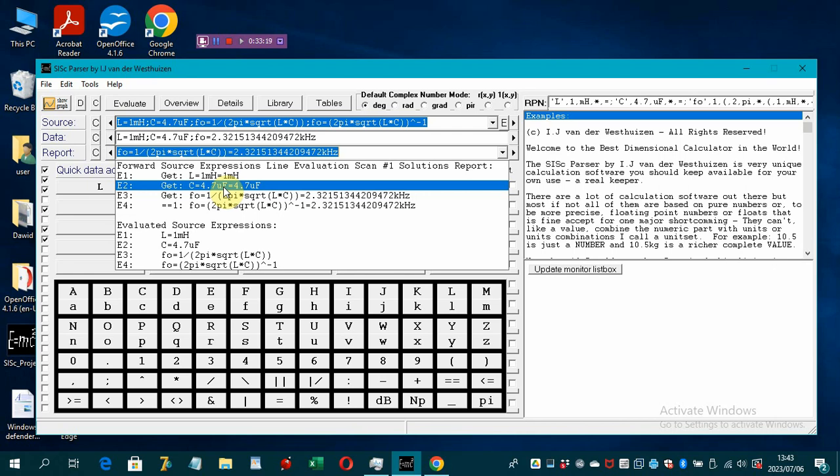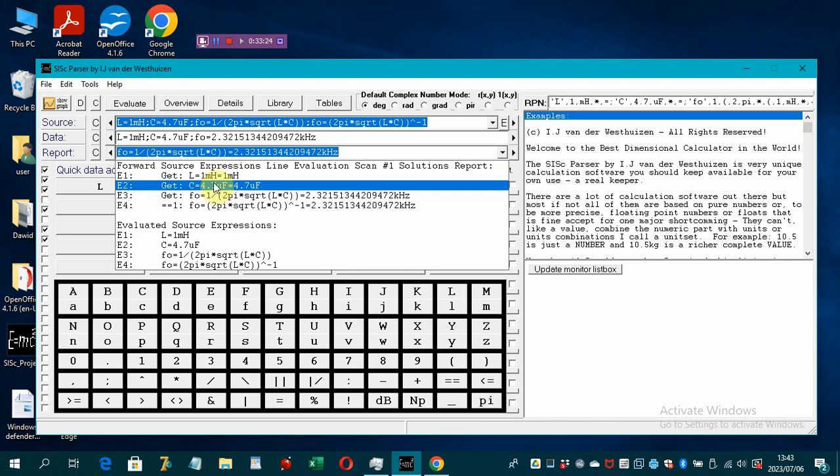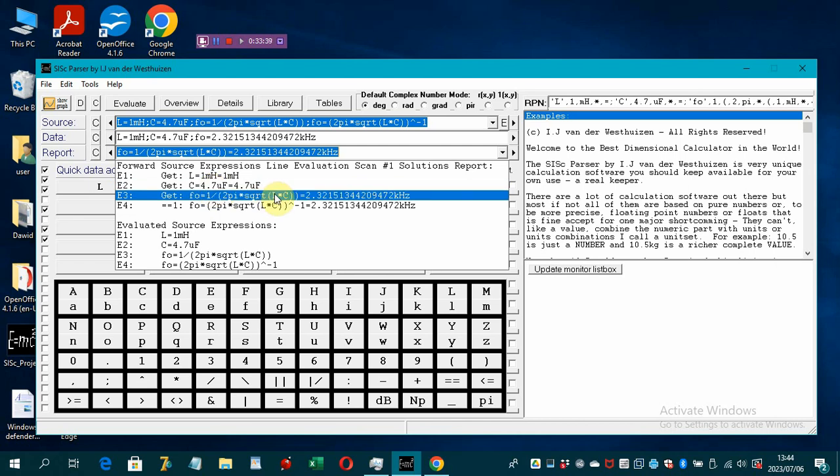So if you use a value straight into formulas, always put a value like 1 millihenry or 1 meter per second, or any value that is supposed to be a single value, in parentheses if you replace the variables with the straight values.